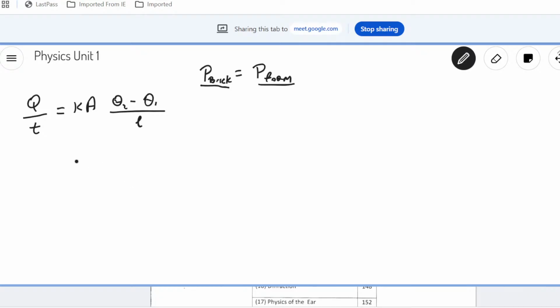So in terms of how you would show the markers that you understand the process, you could equate both.